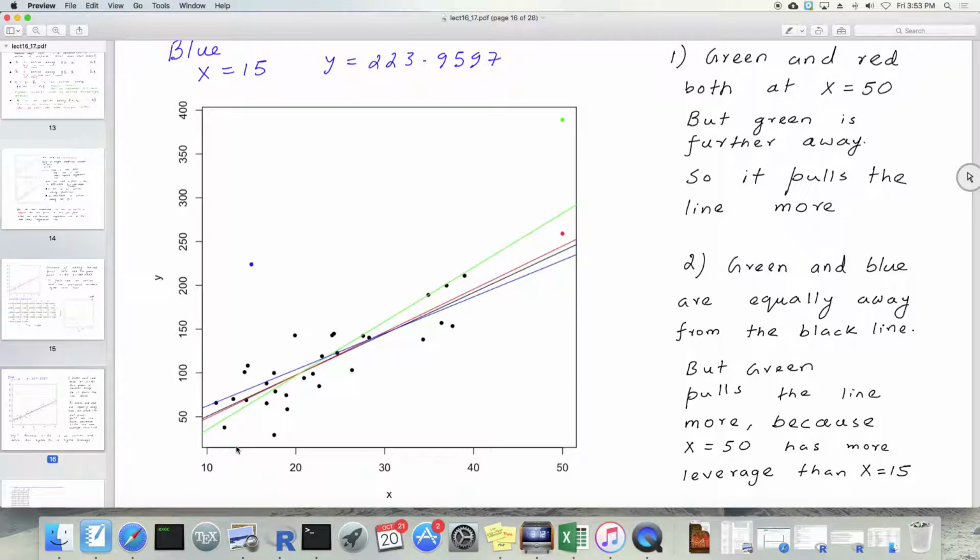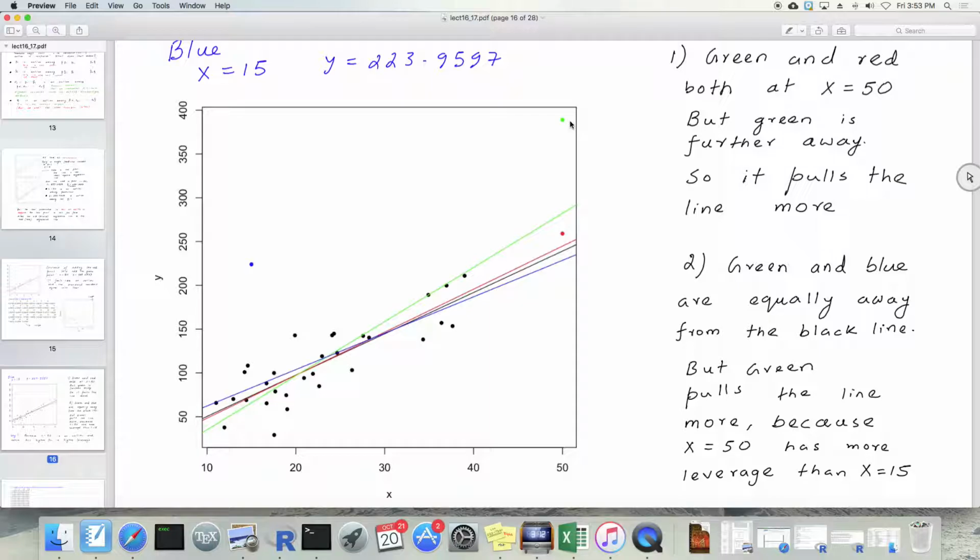But y, this blue point, is as much away from the black line as is the green point. So the blue and the green are kind of equally bad. They are both equally away from the black line, so the blue and the green should both be outliers.